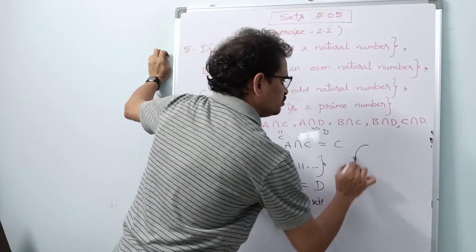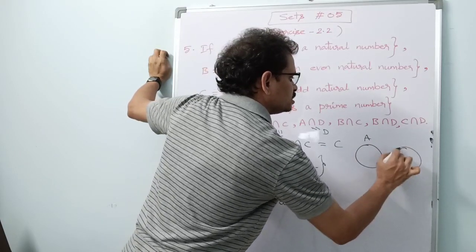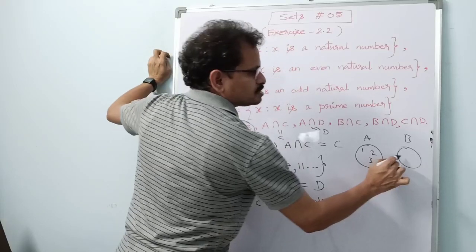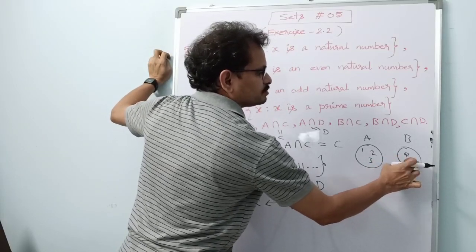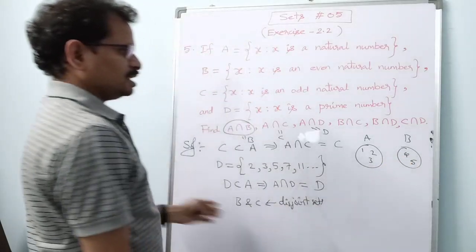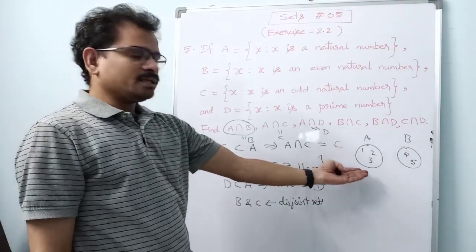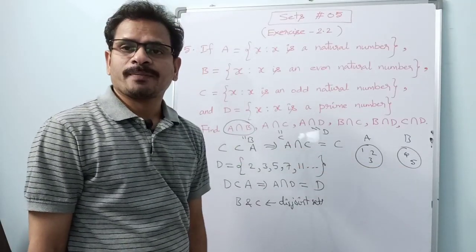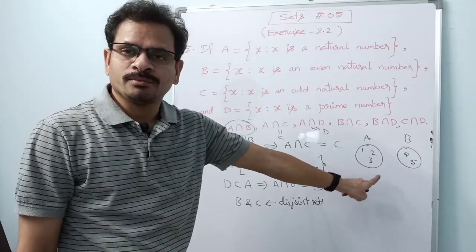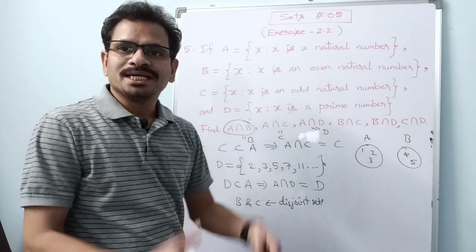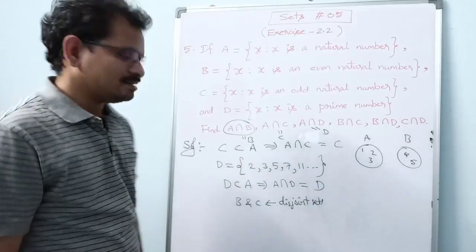See here, for example, this is set A and this is set B. Set A has 3 elements: 1, 2, 3. Set B has 2 elements, 4 and 5. Are they common? What type of sets are these? These are disjoint sets. Is there anything common for both these sets? Nothing is common, not even a single element. So what is the intersection? Nothing is there.